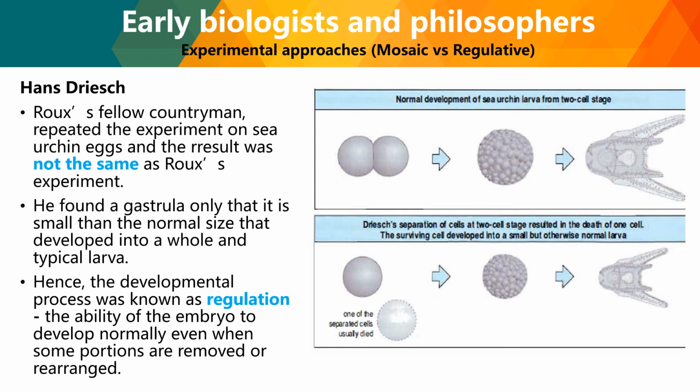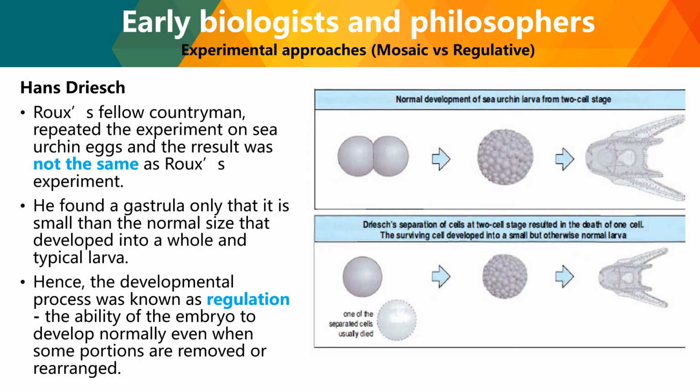However, in his experiment, he was able to produce a whole typical larva. It's just that there's a difference in size. Okay, so the results are very different, in contrast to Roux. Hence he called it a regulation process.